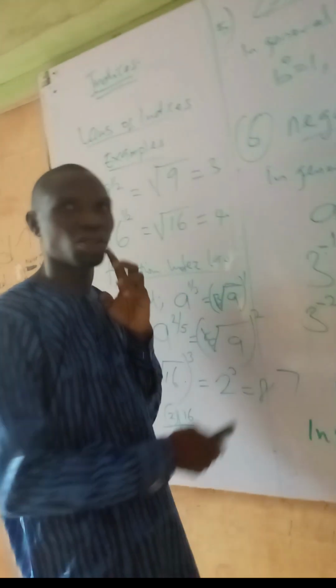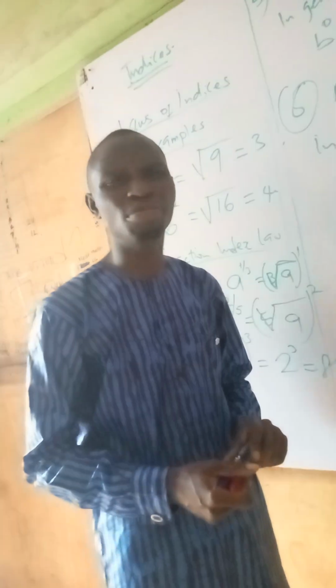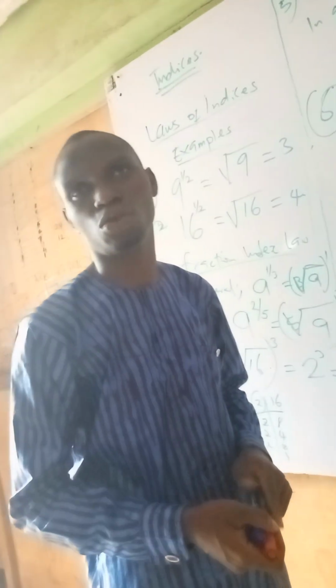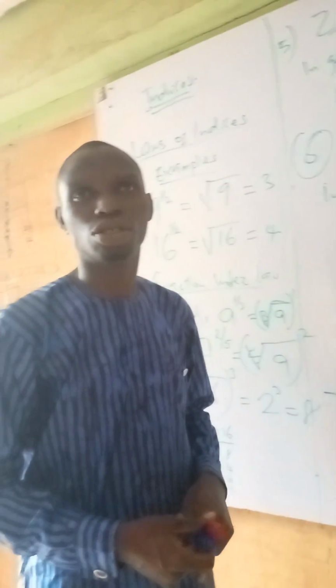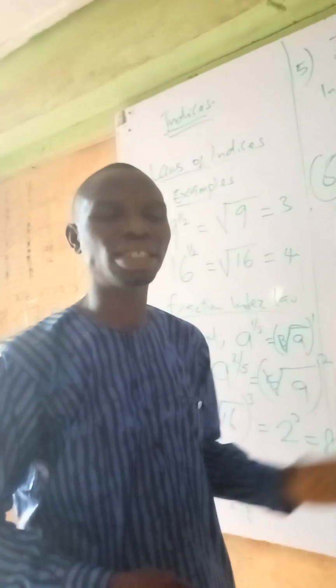We can see that with these 8 laws that we have talked about, it becomes very easy for us to solve any indices problem, except for some exponential functions that we are going to treat after these indices. So far we have gone through all the laws.